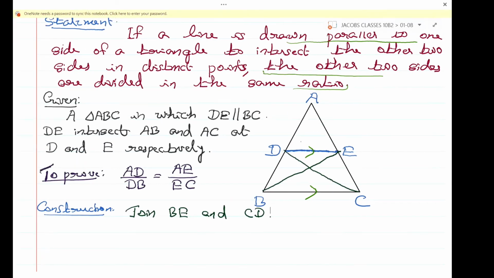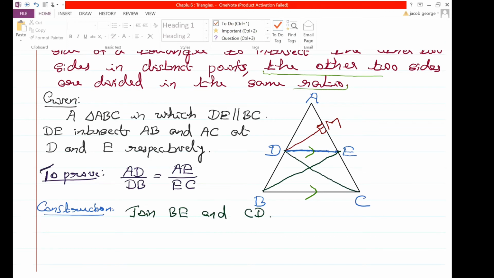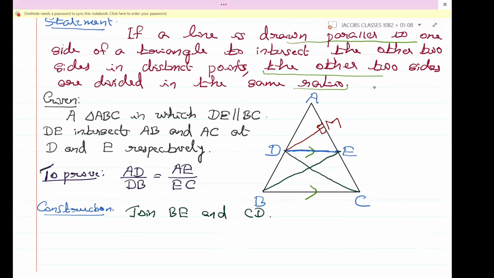So from here you will draw this one, DM, which makes an angle of 90 degrees. DM perpendicular to AC. And one more thing, EN perpendicular to AB. EN, which will be perpendicular to AB.